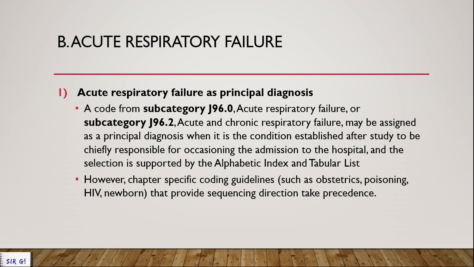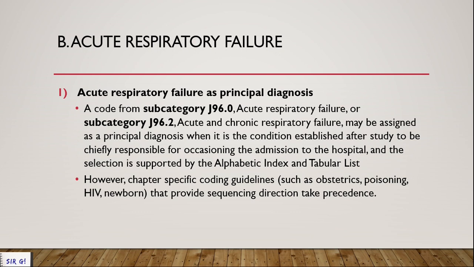So every time you see acute, my common note here is ARF, acute respiratory failure, J96.0. Okay, and under your guideline it tells you when you are going to use J96.0 as a principal diagnosis or a first listed diagnosis. So here's the guideline.